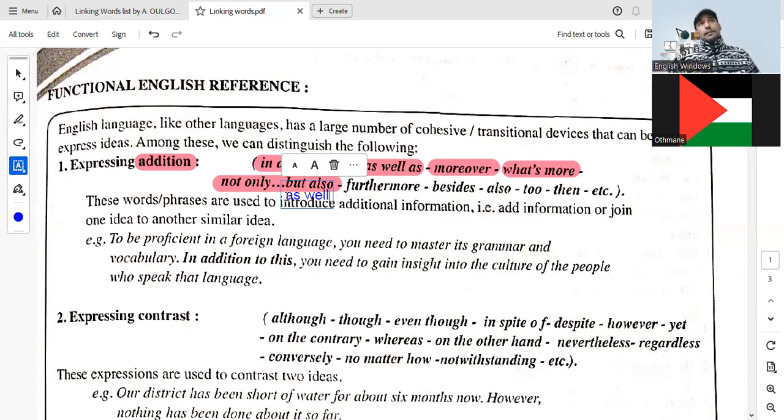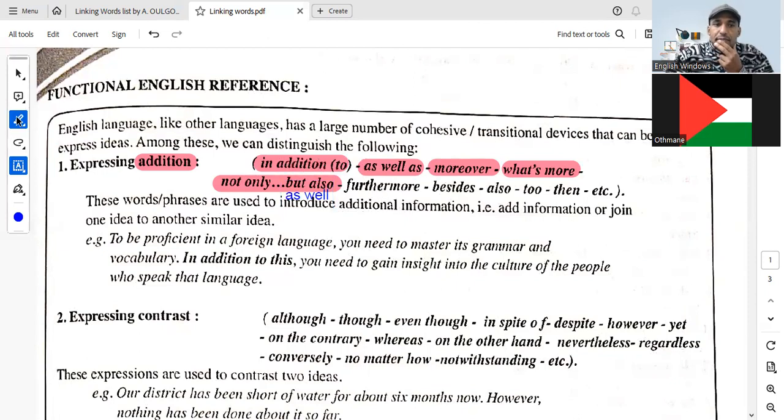We say, for instance, not only is English important for communication, but it is also important for science and innovation. So this is a new structure that we can use to add another idea.